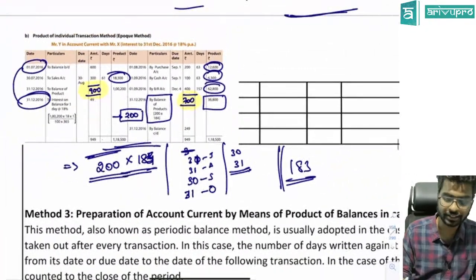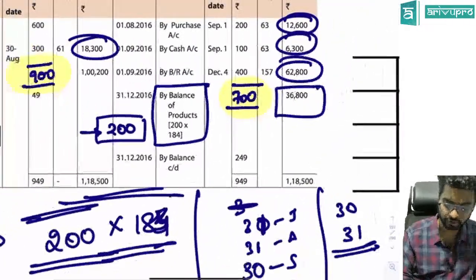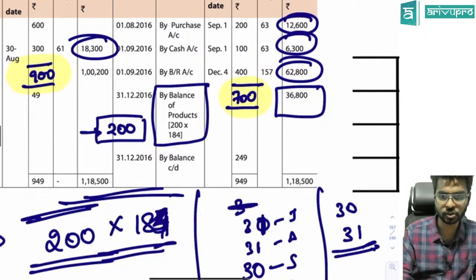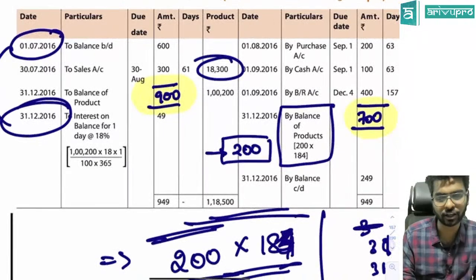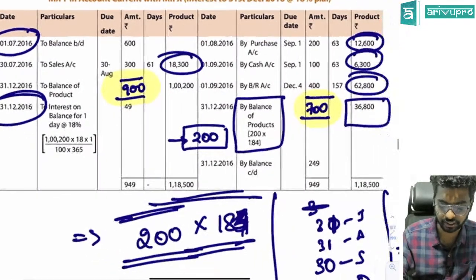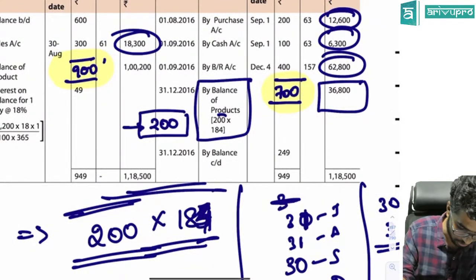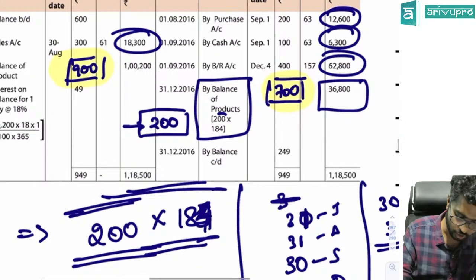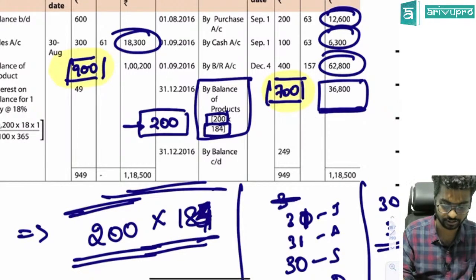Okay. Guys, see here. So find the balance of your products. I'll tell you why 184 in this. Guys, see here. From 1st July to 31st December, because it's the closing balance that we are finding out, in this particular period it is 184 days. So whatever is the balance in the amounts, you multiply with the number of days in that period, which is 184, you will get 36,800.